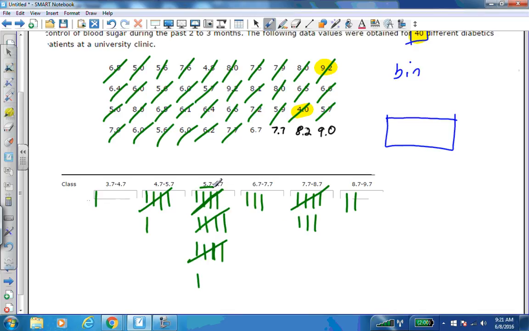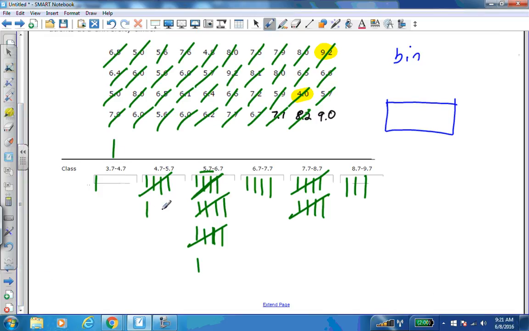It doesn't go here because we don't include the upper one. 7.7, again, that goes here. 8.2 and 9.0. So we have 1 in the first category, 5, 6, 5, 10, 15, 16, 4, 5, 10, and 3. So that's the number of values that fall into each category.